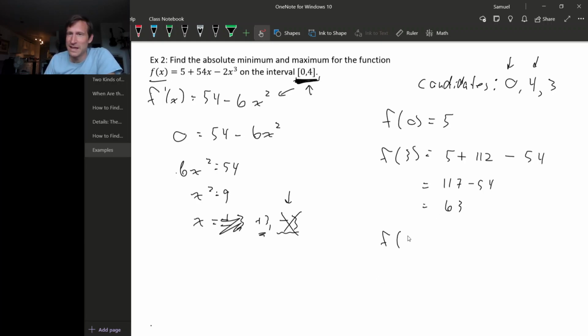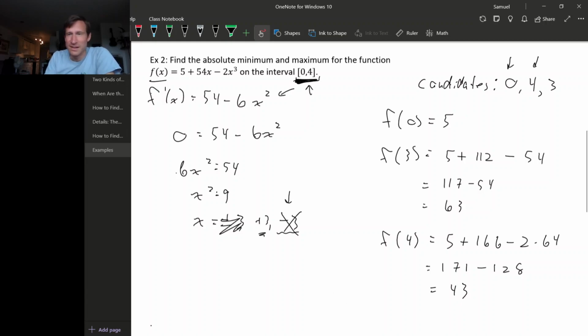Okay, and then f of 4, so 5 plus 216, I think, minus 2 times 4 cubed is 64, so 221 minus 128, so that's 93.